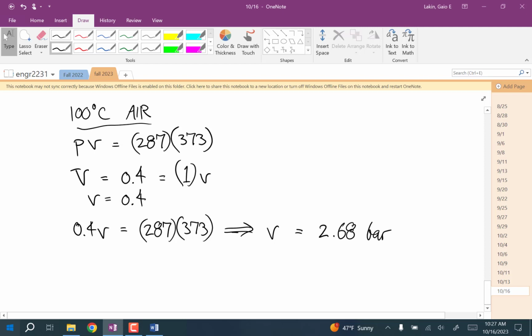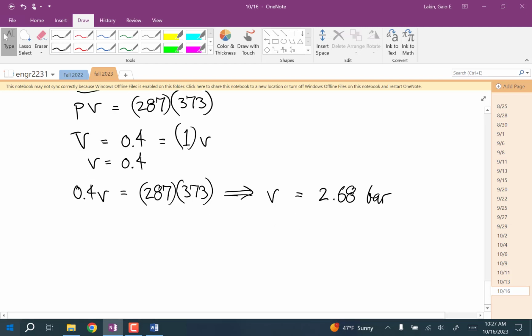Okay, well, we need the final pressure too. So how are we going to find the final pressure? Once you let them mix, they have that whole volume just to mix together. And so we can treat all of it like a single ideal gas with a mass of 3 kilograms.